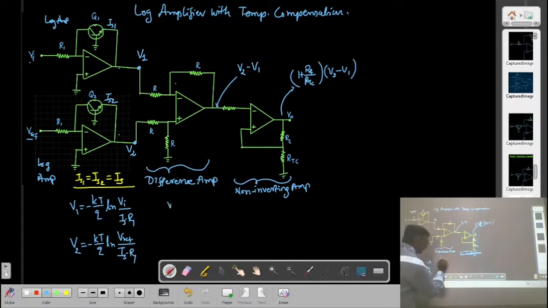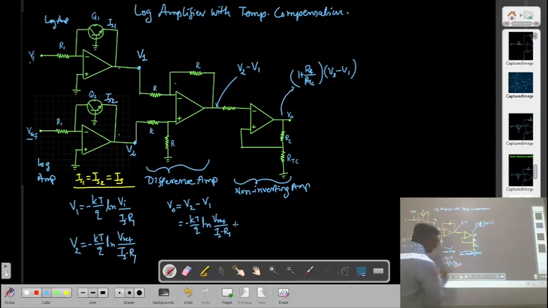So we write Vo is equal to V2 minus V1, where V2 is minus kT by Q ln V reference divided by Is into R1.